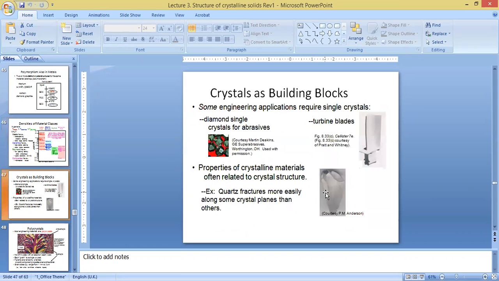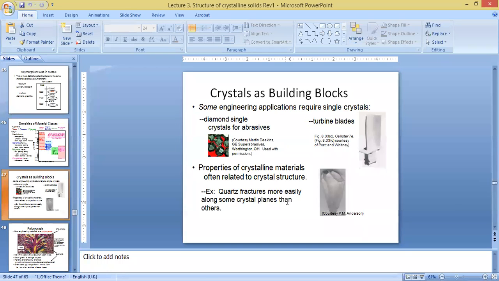When you look at crystals as building blocks, some engineering applications require single crystals, such as cutting edges for certain equipment. Cutting blades usually use just one crystal. Why? Because it's just one crystal, it means that it doesn't have boundaries. The grain boundaries are where usually the defects come in.